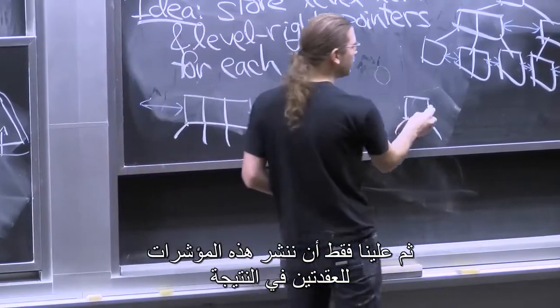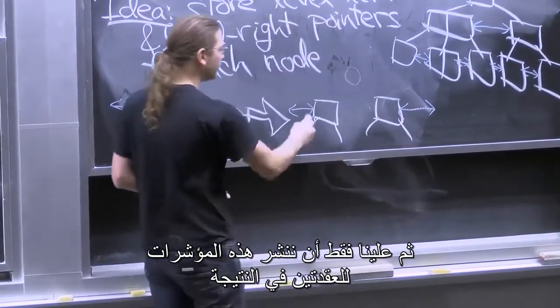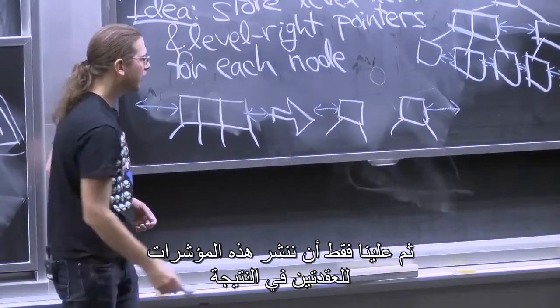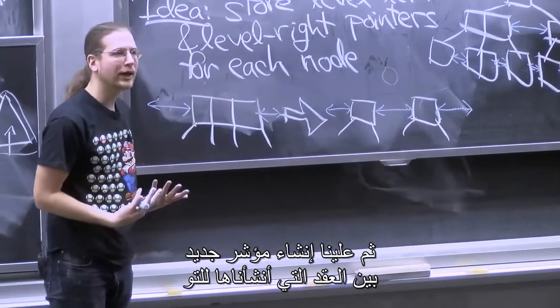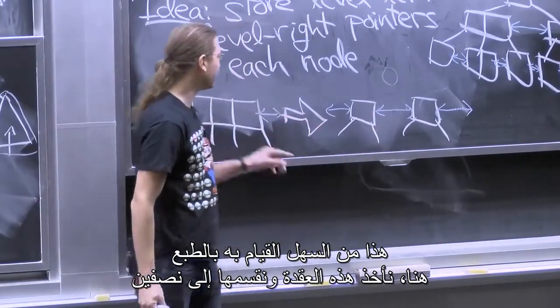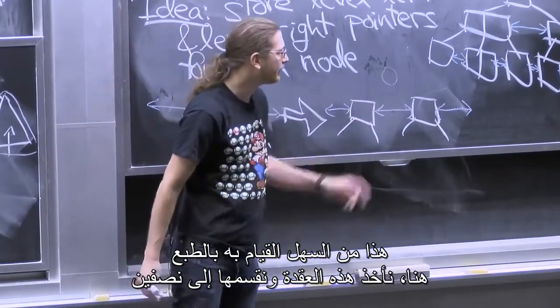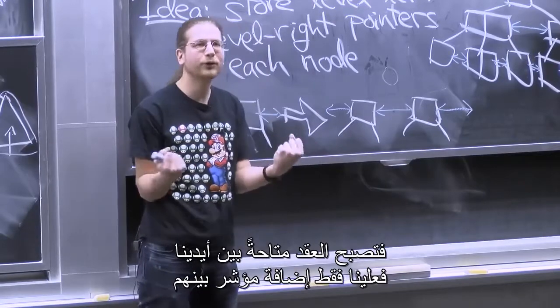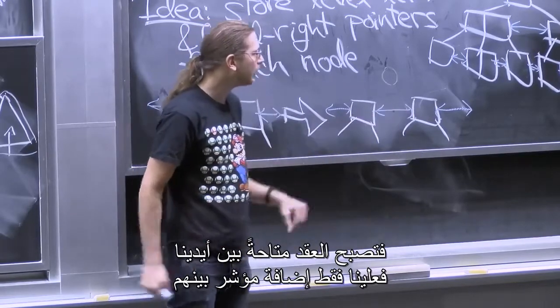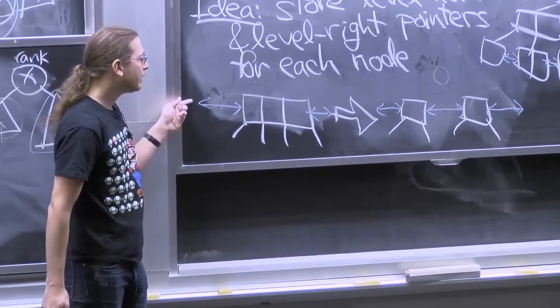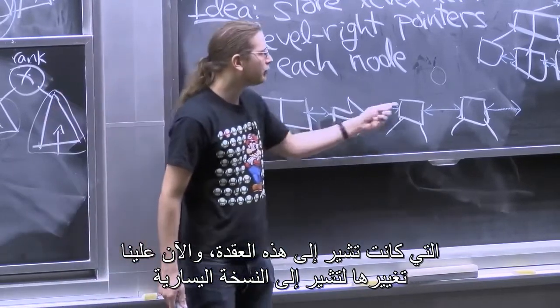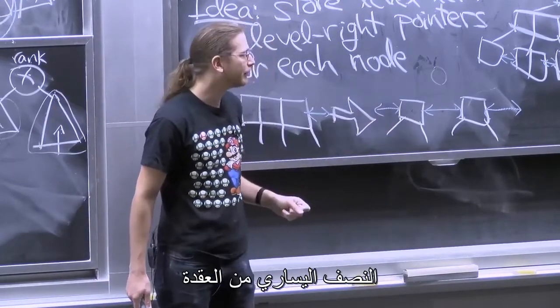And if we think about where the level link pointers are, we have one before, and then we just need to distribute those pointers to the 2 resulting nodes. And then we have to create a new pointer between the nodes that we just created. This is, of course, easy to do. We're taking this node, we're splitting it in half. So we have the nodes right in our hands, so just add pointers between them. And key thing is, there's some node over here on the left. It used to point to this node. Now we have to change it to point to the left version, the left half of the node.